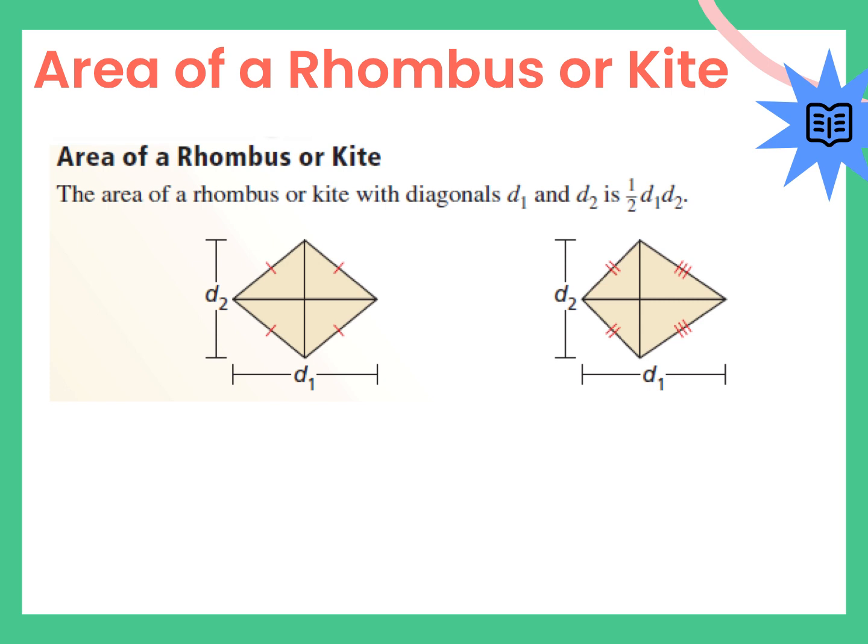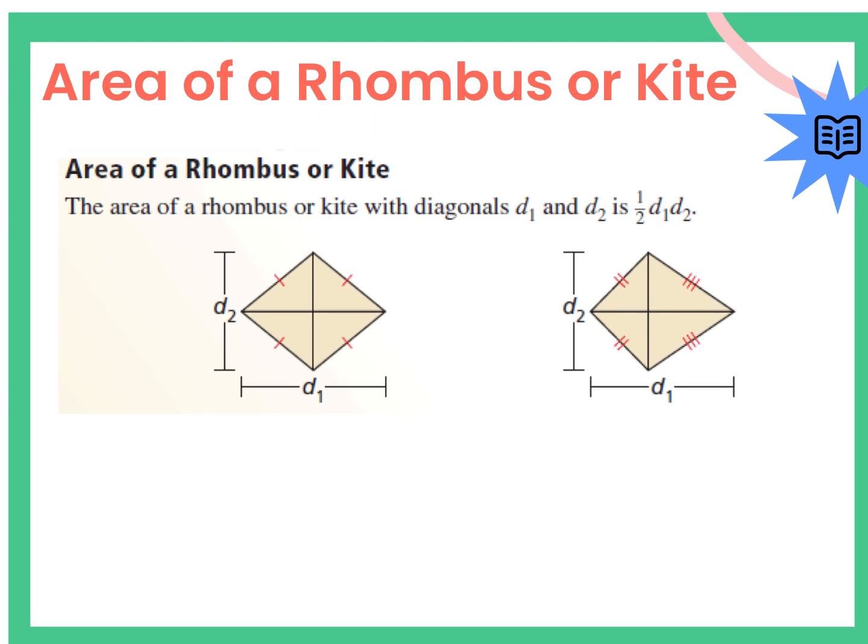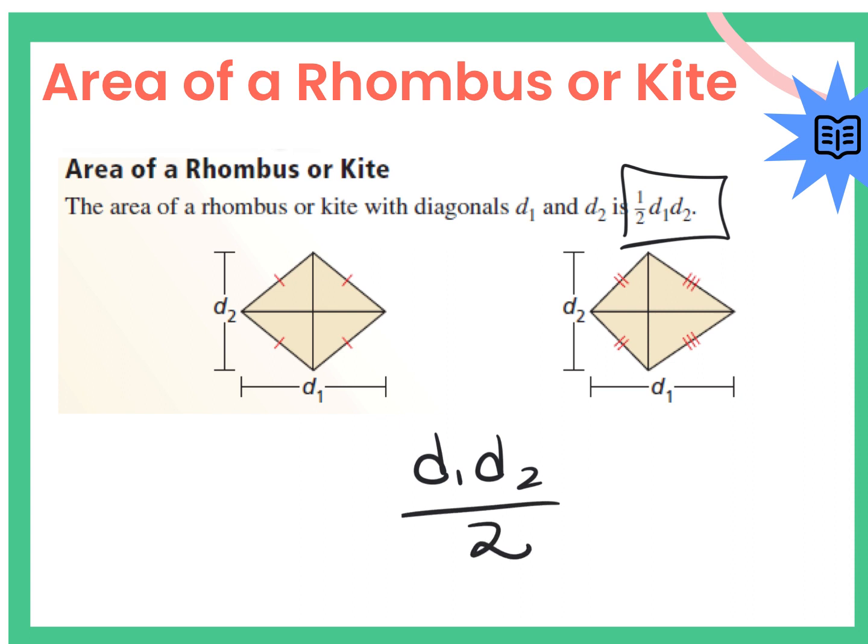But you're just basically memorizing that the formula for area of a rhombus and a kite is 1/2 diagonal 1 times diagonal 2. If you'd rather do diagonal 1 times diagonal 2 and then divide it by 2, you can do that. Either way.